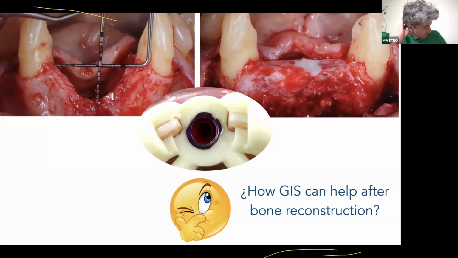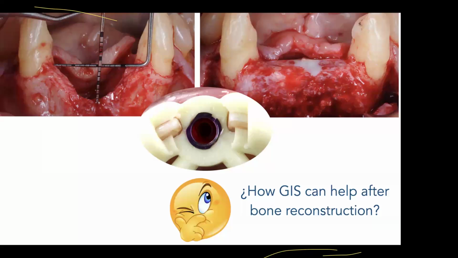So the guided surgery can help us after bone reconstruction. This is one of the other questions we can answer. Да, и есть у нас еще и второй вопрос. Может, как-то хирургия по шаблонам поможет нам после проведения реконструкции кости?